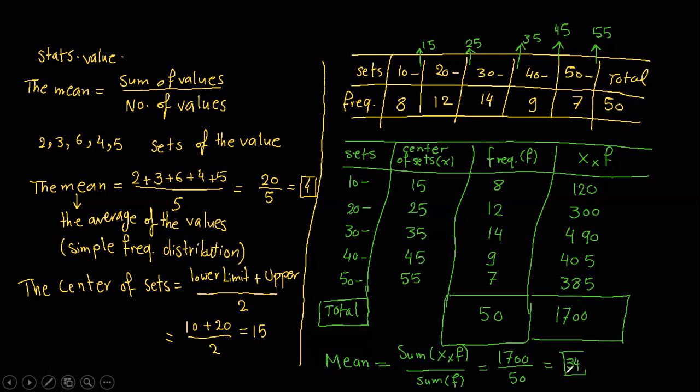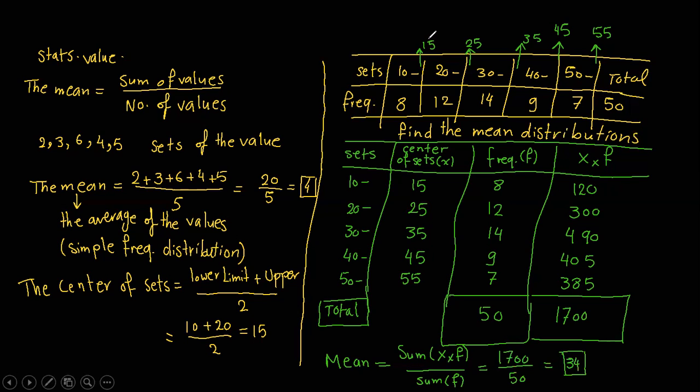Here we want to find the mean of the distribution. So this is the calculation of the mean, and this is the rule of the mean value. If we have a value, we can simplify with this rule.